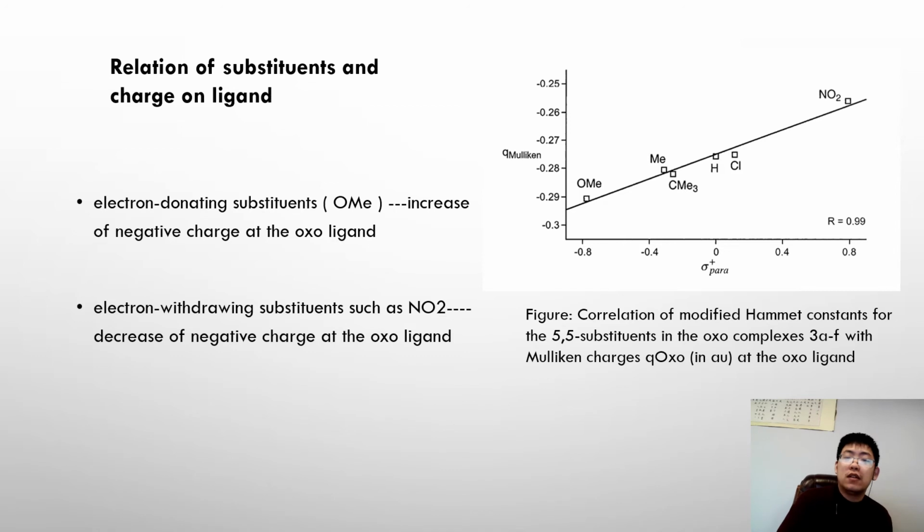In the first experiment, which you can see here, the conclusion and the relationship we found are actually consistent with other oxygen transfer reactions mediated by similar low valent transition metal complexes.